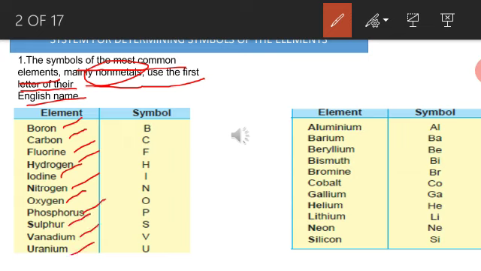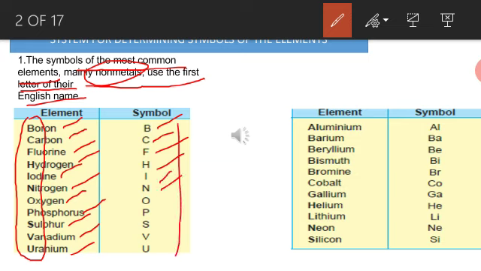In these non-metals, Berzelius took the first letter of the element. Boron means B, carbon means C, fluorine means F, hydrogen means H, iodine means I, nitrogen means N. Like this, he allocated the symbols. This is for the non-metals.